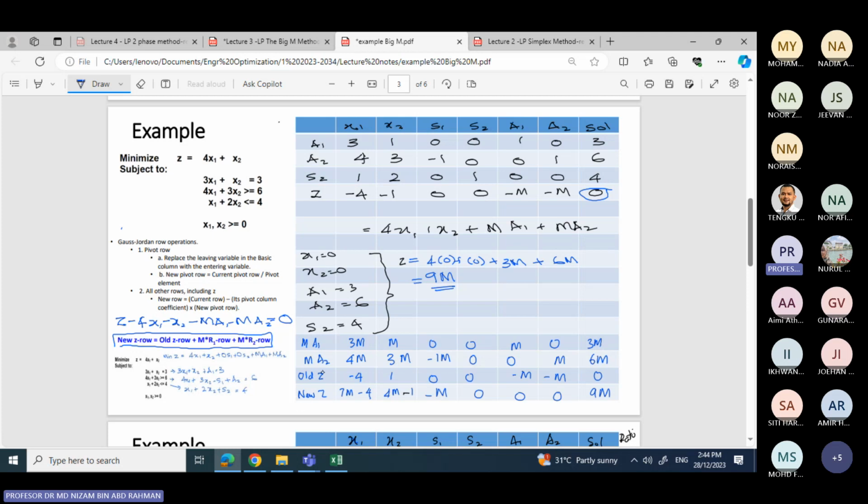And you add them up together. So the new row is you add up the m1 row plus the m2 row and the old z row. Then what you got is basically 7m minus 4, 4m minus 1, minus m, 0, 0, 9m. Right? At this point, any questions?